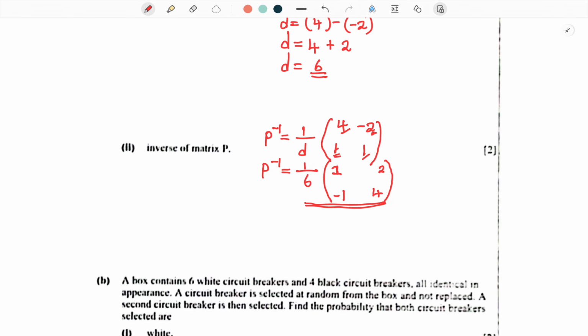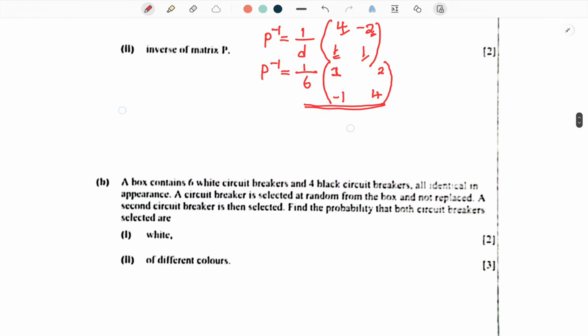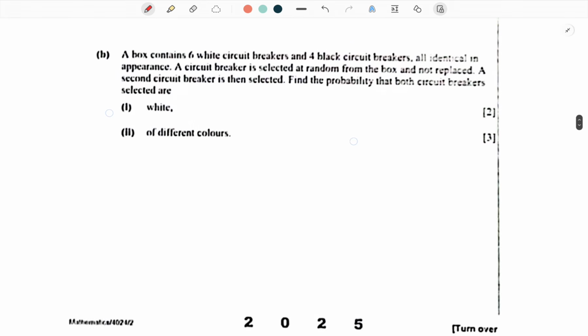It's actually very simple. Now we go to another section, where we will have to solve this particular question. This question is actually B, and it was under probability.